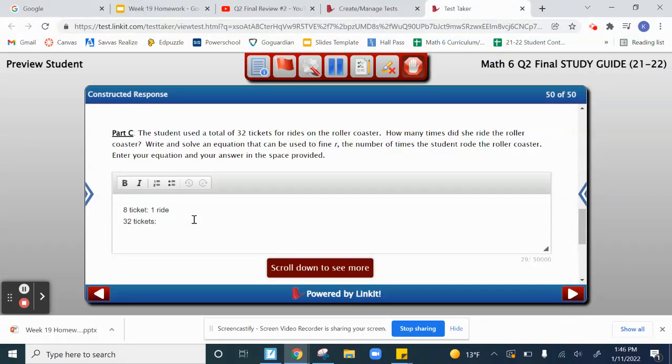So I need to think, how did I go from 8 to 32? And that is times 4. So one ride times 4 would be 4 rides. So she rode the roller coaster 4 times.